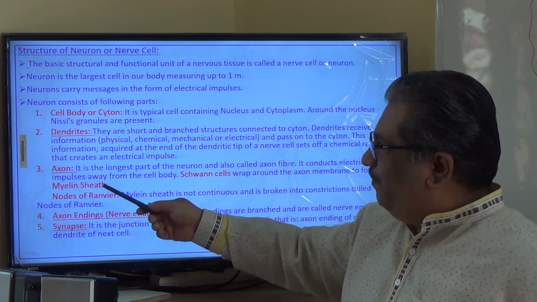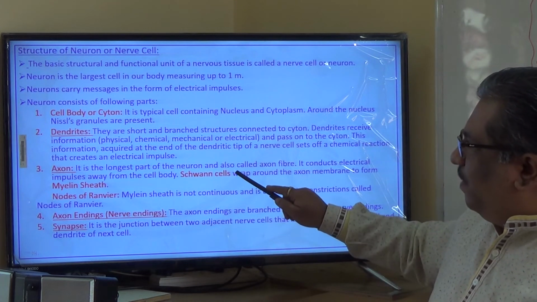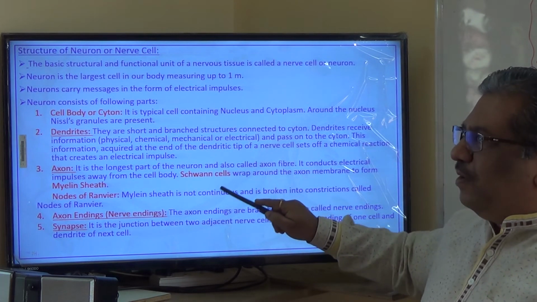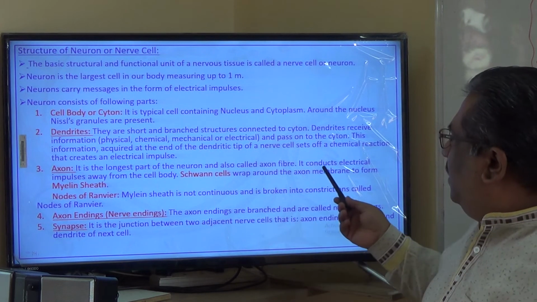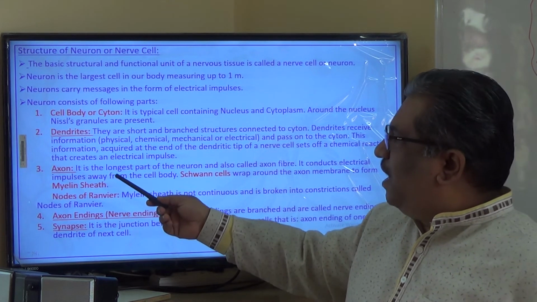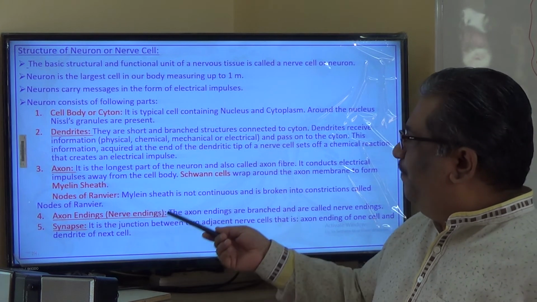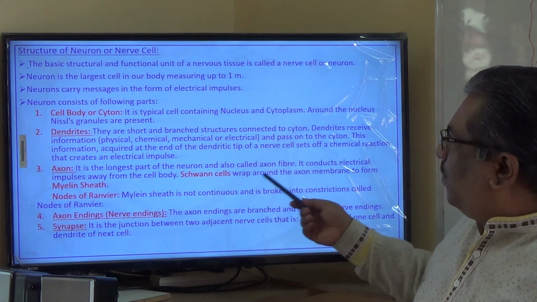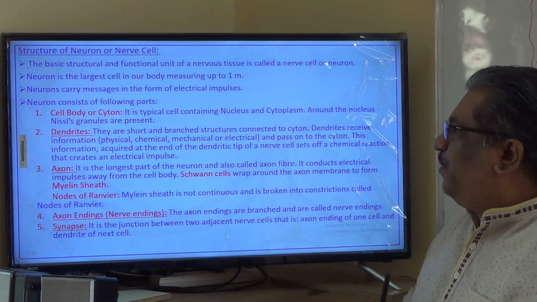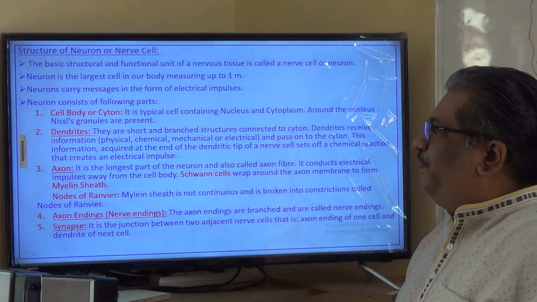Next is axon. It is the longest part of the neuron. Also it is called axon fiber. It conducts electrical impulses away from the cell body, very important. And Schwann cells wrap around the axon membrane to form the myelin sheath.